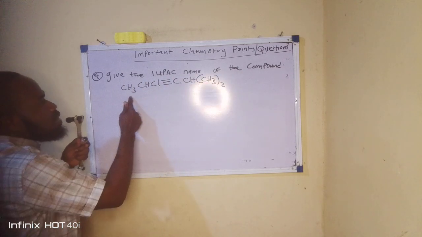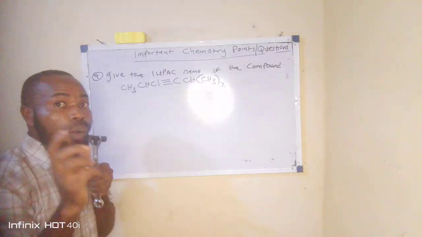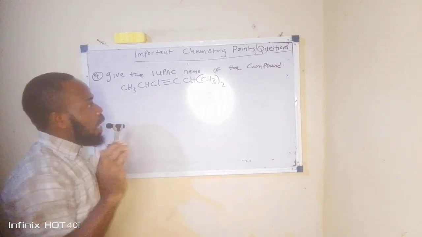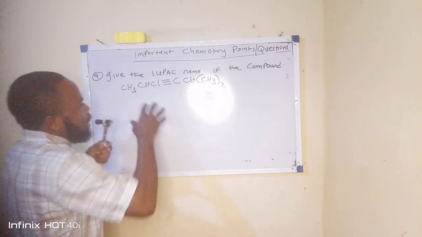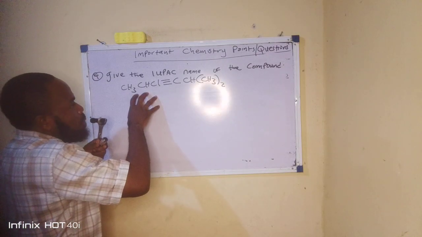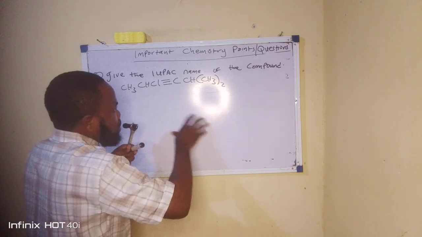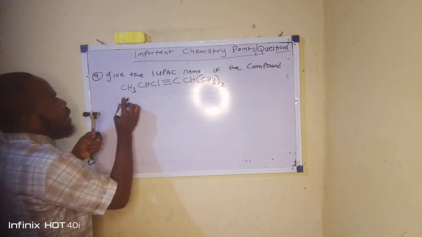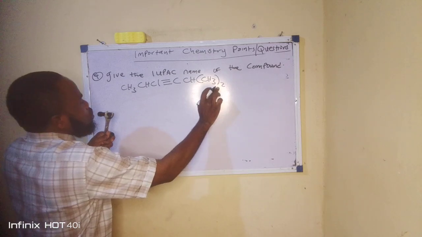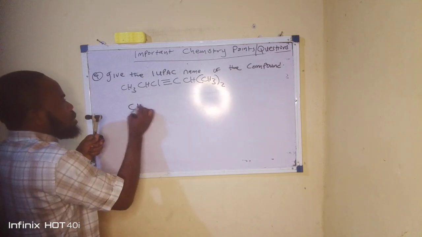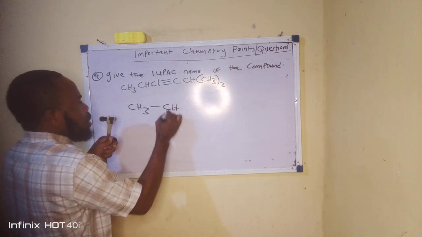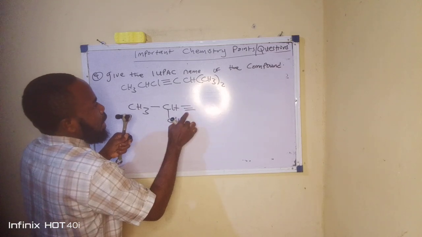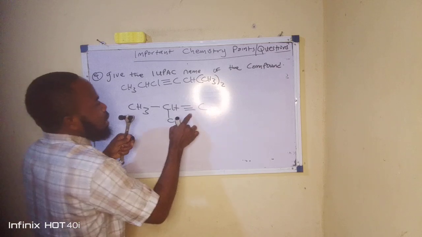Now this compound, first off, is an alkyne. I can decide to name this compound straight like this, but for easy understanding, you might want to write it structurally, like represent it structurally first. Now I can redraw this compound to be CH3, then we have CH, then we have Cl, then we have a triple bond here, then we have C, then we're having what?